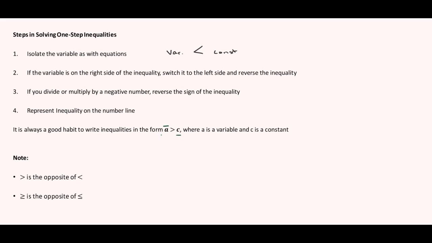And just to explain what we're trying to do here, reversing the inequality means taking the opposite. So here you have greater than, your opposite is less than. Here you have greater than or equal to, your opposite is less than or equal to.